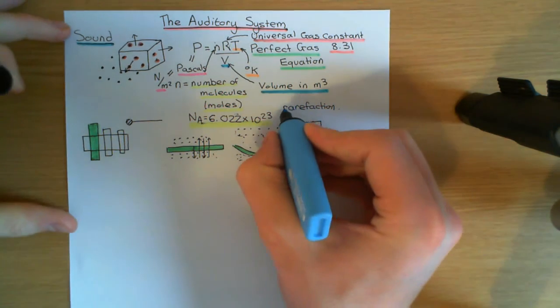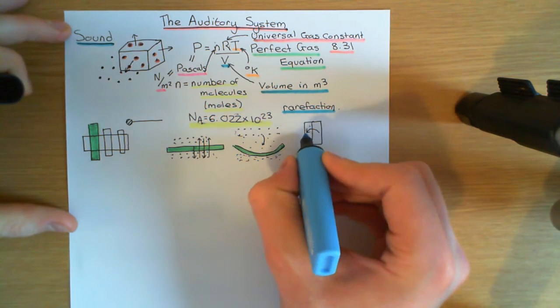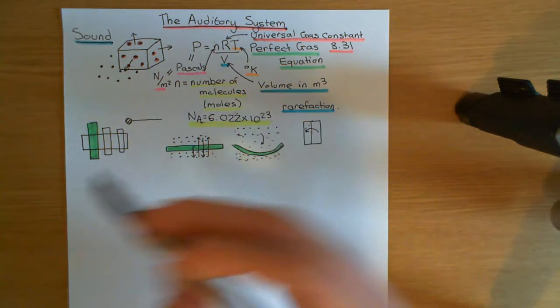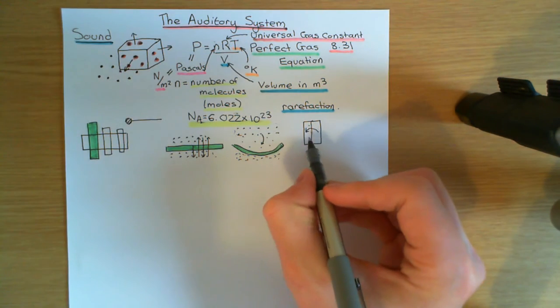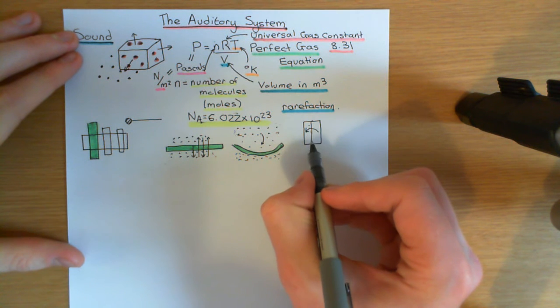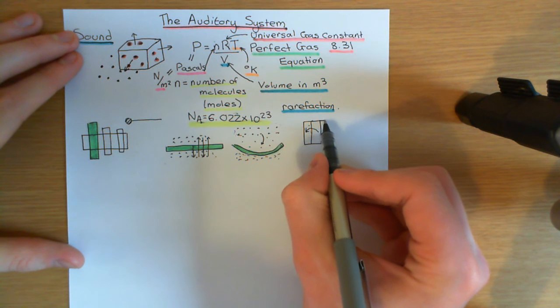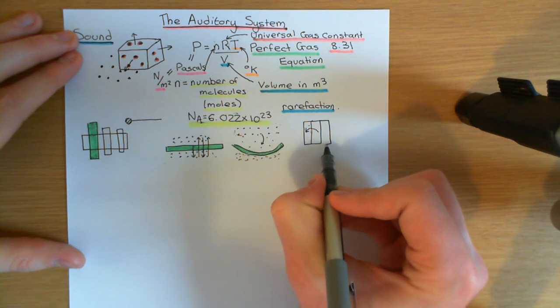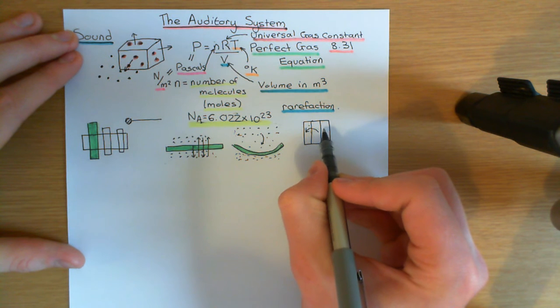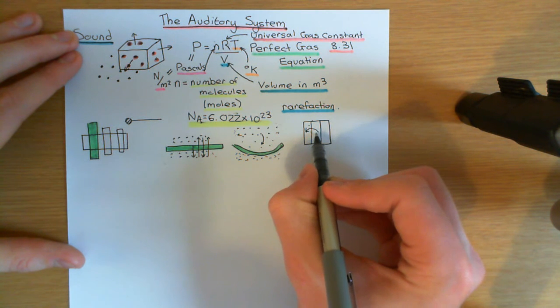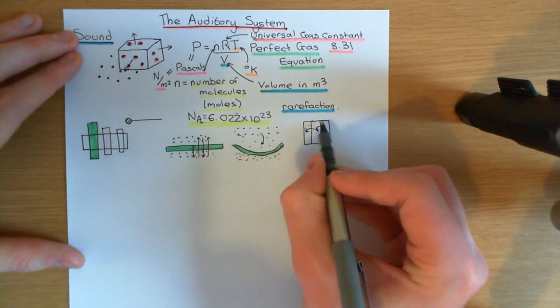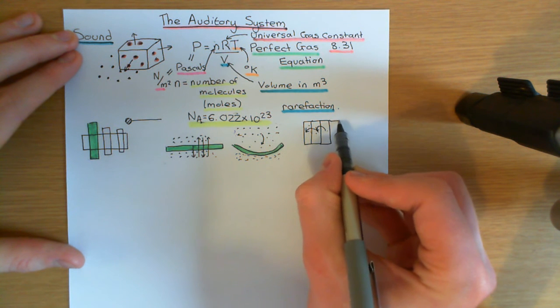So air molecules are going to move to the area of rarefaction, and that will lead to this next area on from the area of rarefaction now becoming an area of rarefaction itself. Okay? And now if we think about the area along from that, it will now have a higher pressure than this area, so air molecules will move from it to here, and it will become an area of rarefaction. Okay?